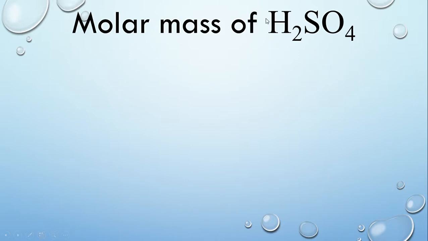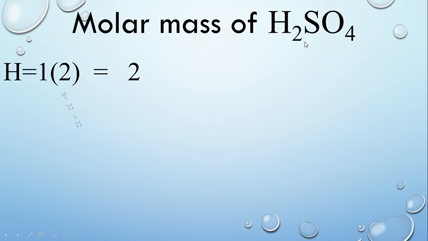Molar mass of sulfuric acid. Kunin muna natin si hydrogen. In hydrogen, isa lang ang atomic weight, one atomic weight of hydrogen. And why 2? Bakit po 2? Because the atoms of hydrogen in sulfuric acid is 2. So let us multiply 1 times 2 is equal to 2. How about your S, or your sulfur?